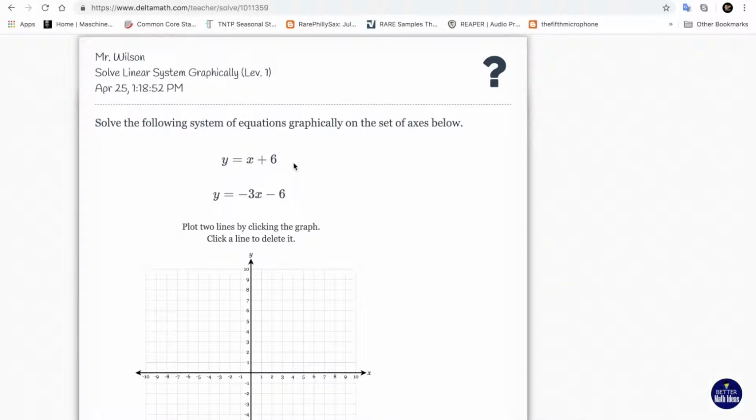Some of those things would be related to whether the equations are written in slope-intercept form. If they are, then why are they? If they aren't, what do we see that causes you to think or believe that they are not?